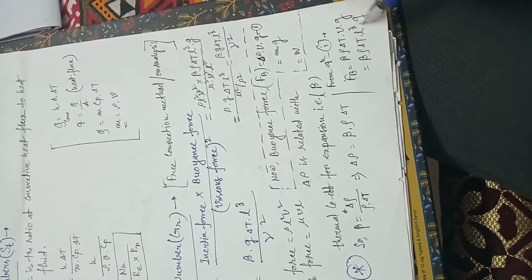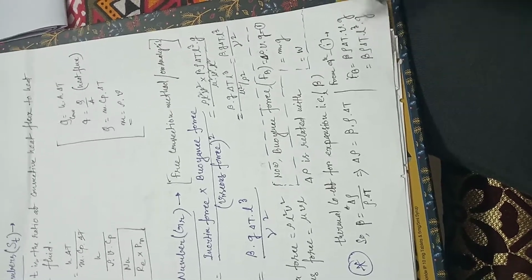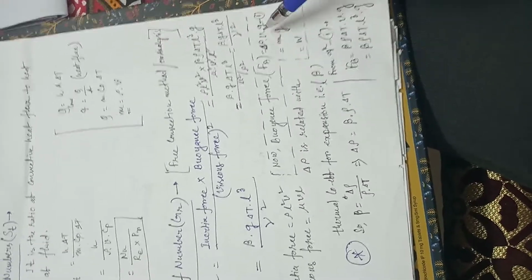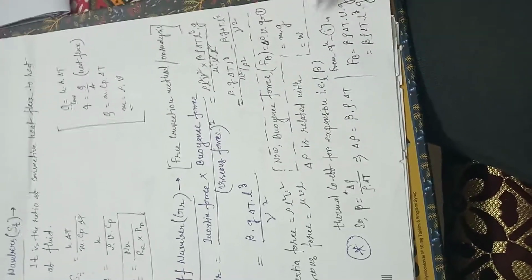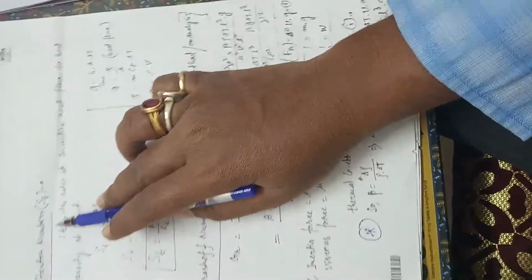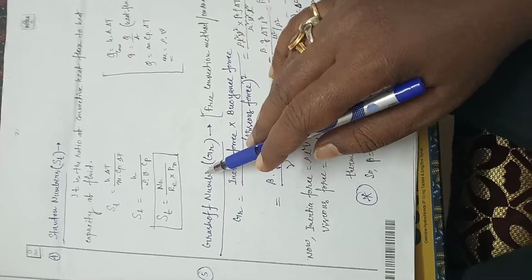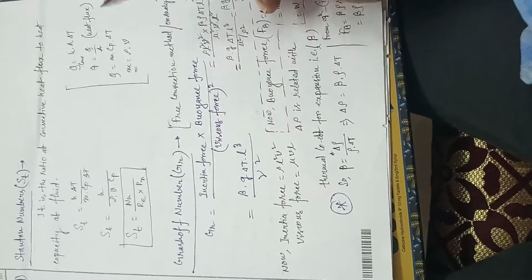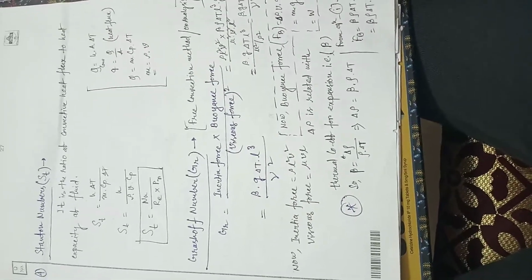This is the volume. So how does it come? These terms I have explained from the basic buoyant force, and how the beta relates with the density. So the Stanton number, Grashof number, and Nusselt number are very important for analysis of heat transfer. Thank you.